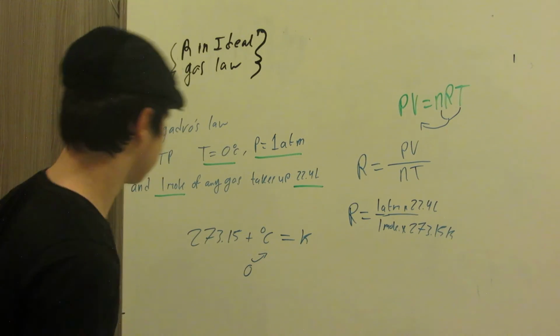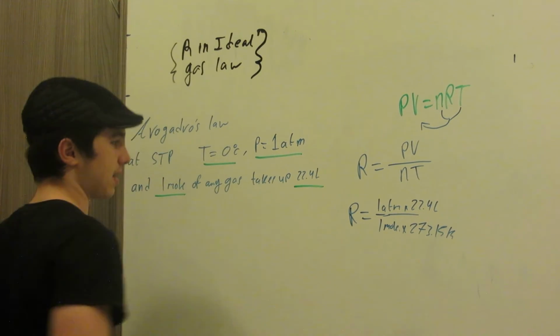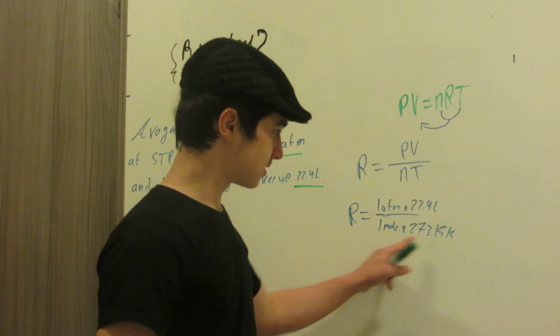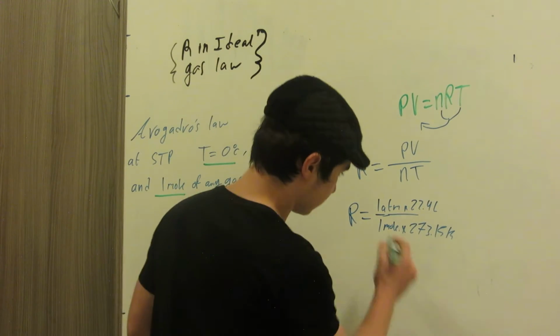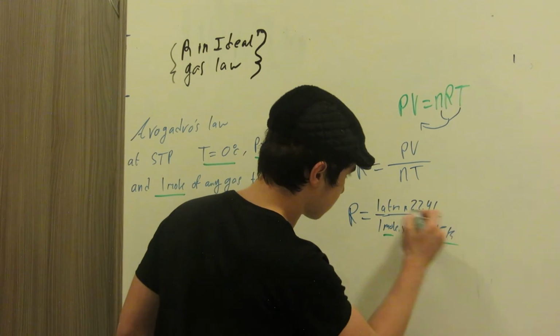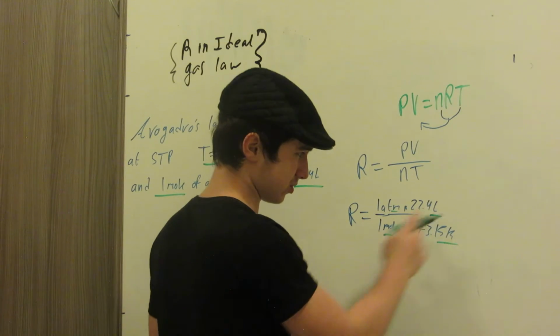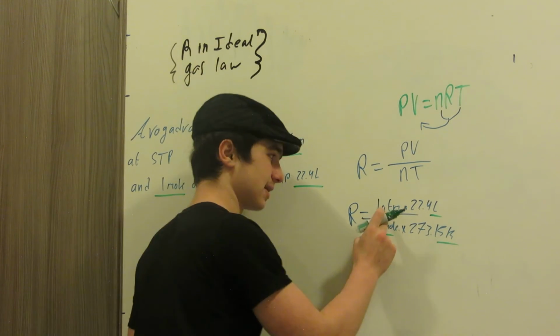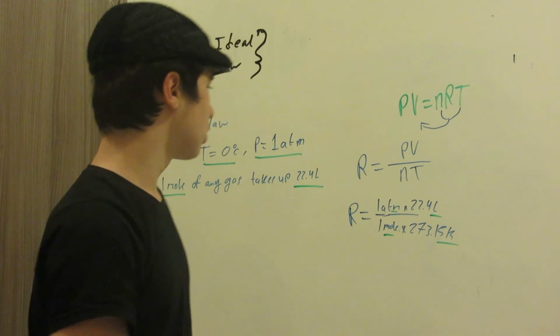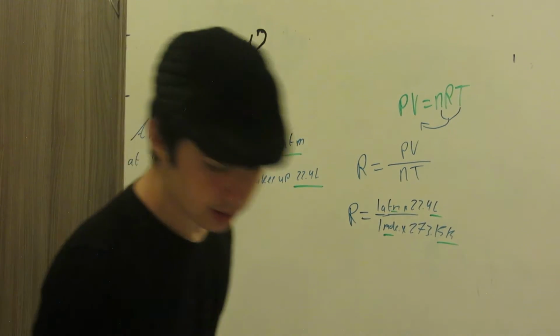So, let's do the math. Nothing cancels out. If I put a dash under the units, liter is not going to cancel moles nor Kelvin, and Kelvin cannot cancel atm nor L. So there are no units that are changed. Let's do the math.